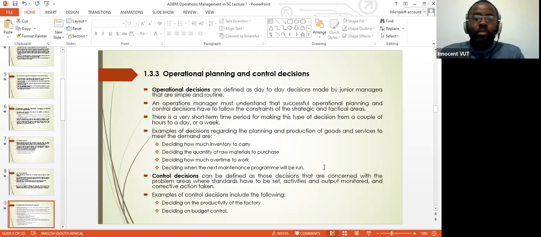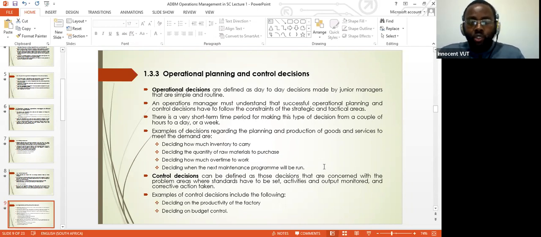Just a short period of time to decide. It might be hours or less than hours. Deciding how much overtime to work, deciding when the next maintenance program will be run. So these are some examples of operational decisions.